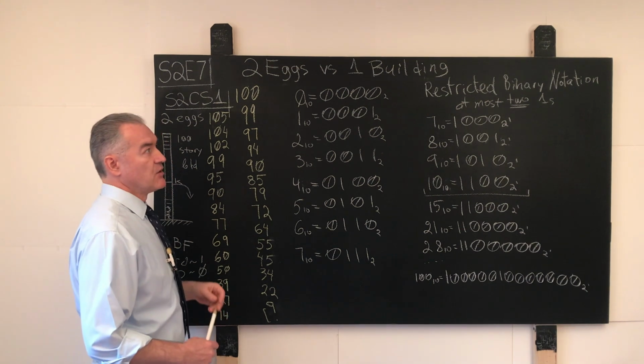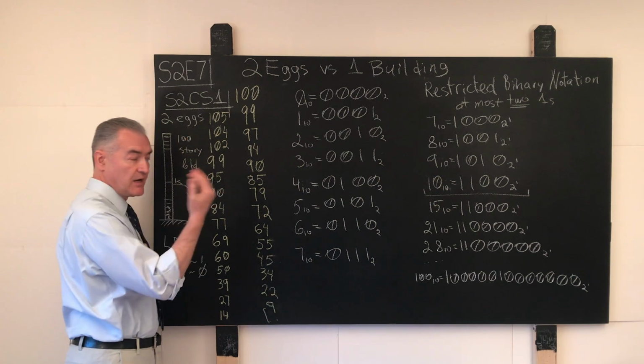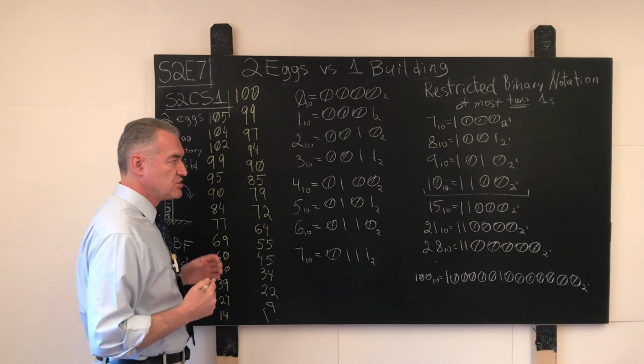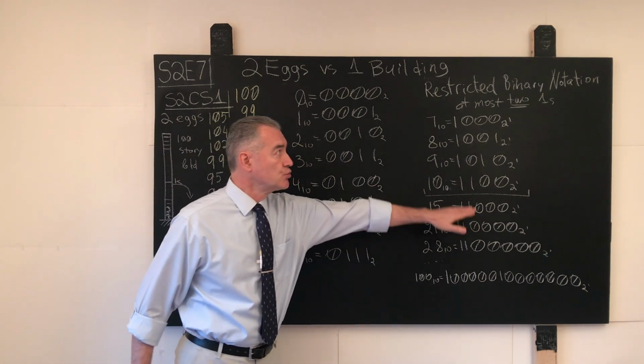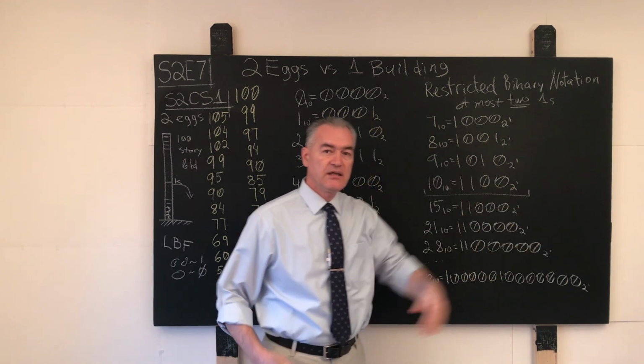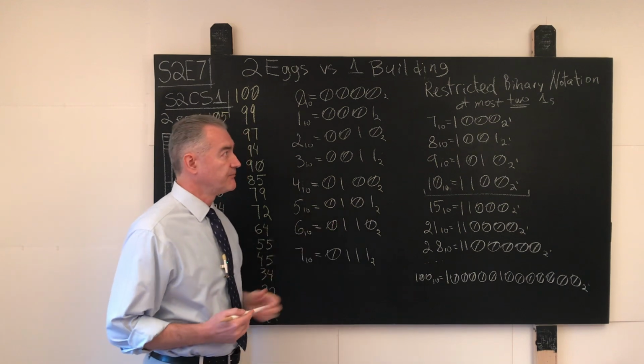However, because we have in this case 2 eggs, I was thinking what will happen if we limit ourselves to at most 2 binary digits 1 in the representation of the base 10 numbers.